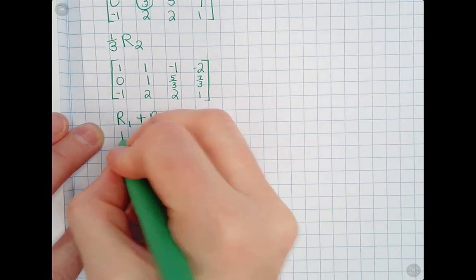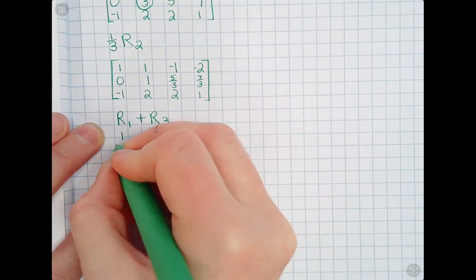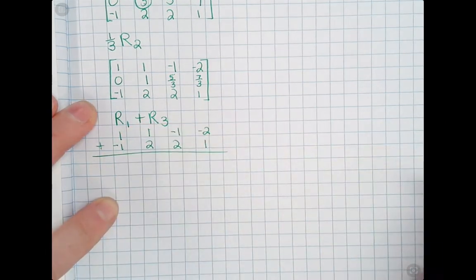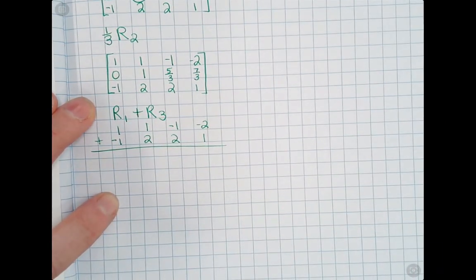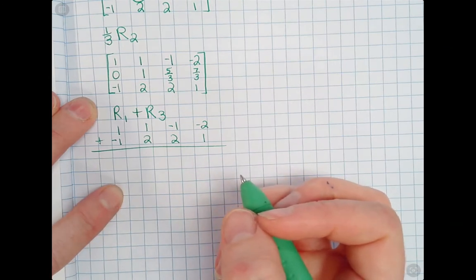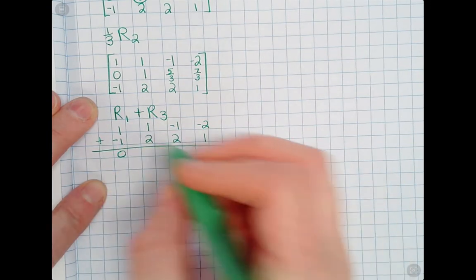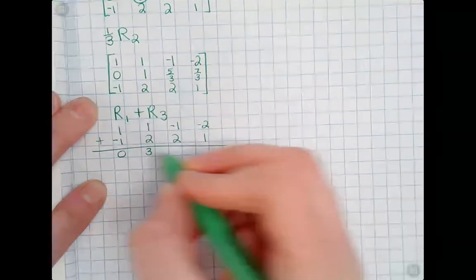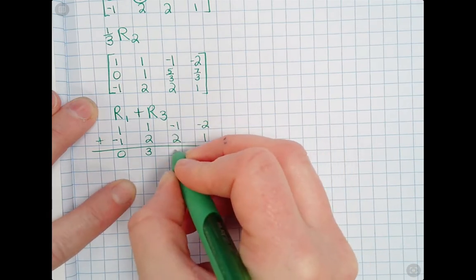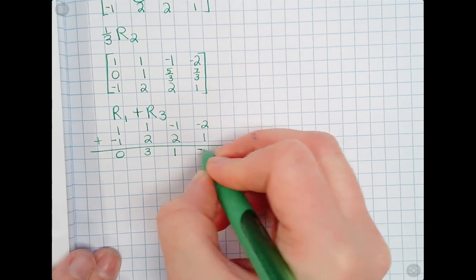So row 1 is 1, 1, -1, -2. And then we have row 3, -1, 2, 2, 1. We're going to add those together. So 1 plus a -1 is 0. 1 plus 2 is 3. -1 plus 2 is 1. -2 and 1 is -1.